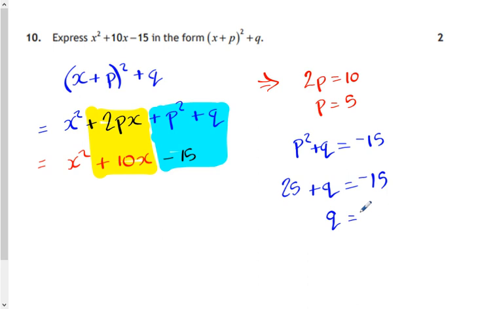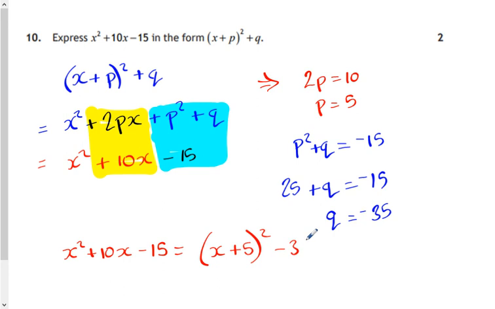So q is going to be negative 35. So we want to rewrite this in that form using these p and q's. So we get that x squared plus 10x minus 15 is equal to x plus p, so plus 5, all squared minus 35.